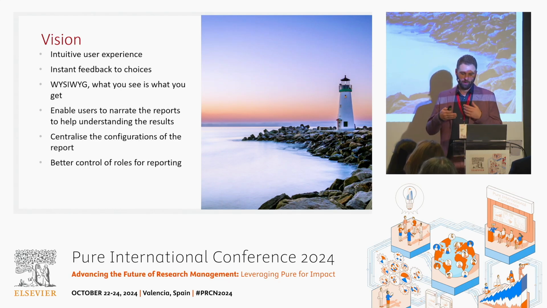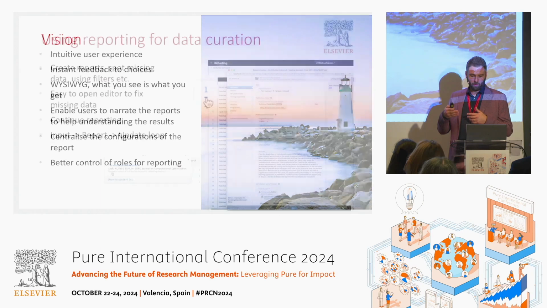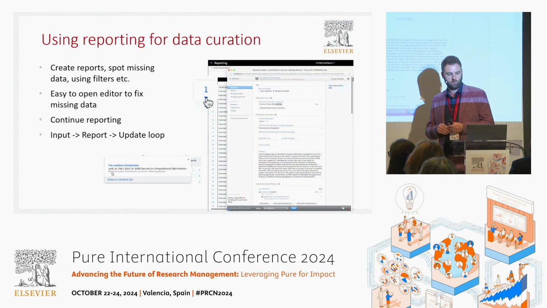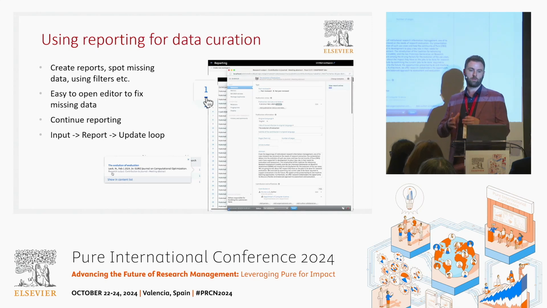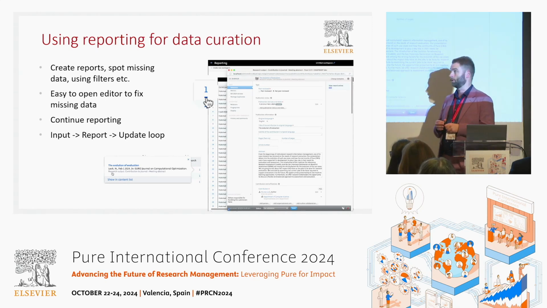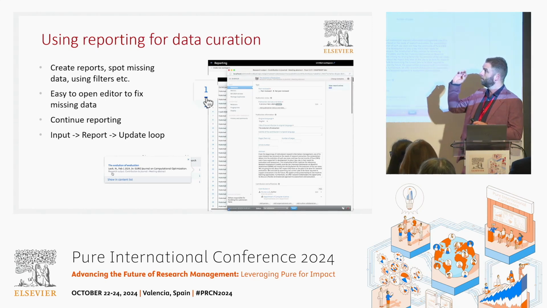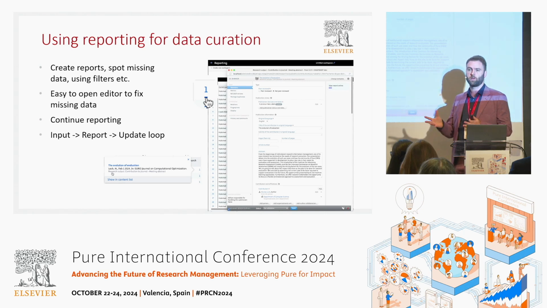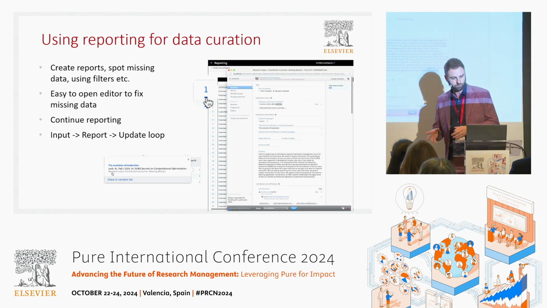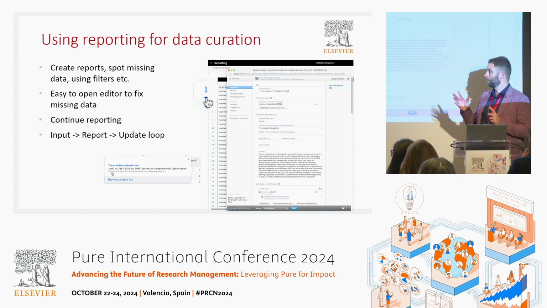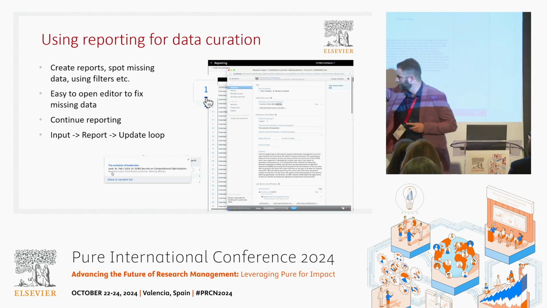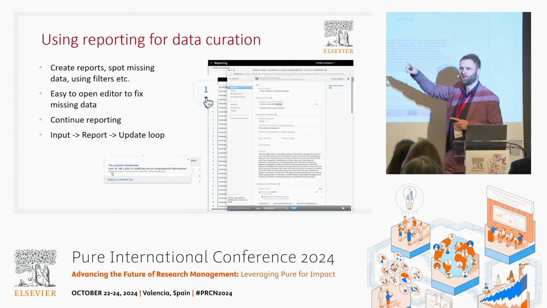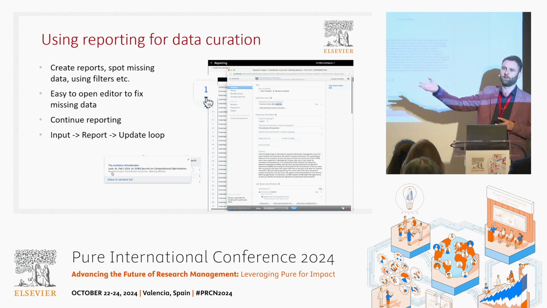And one of the really key features of the report module, besides creating reports you can share with management and so on, is the data creation part that Chris also touched upon. It's quite easy to create reports where you can spot the missing data. I'm not sure whether you are aware, but if you look at the number rows here, you can actually click on those numbers and open the editor for the driver column.